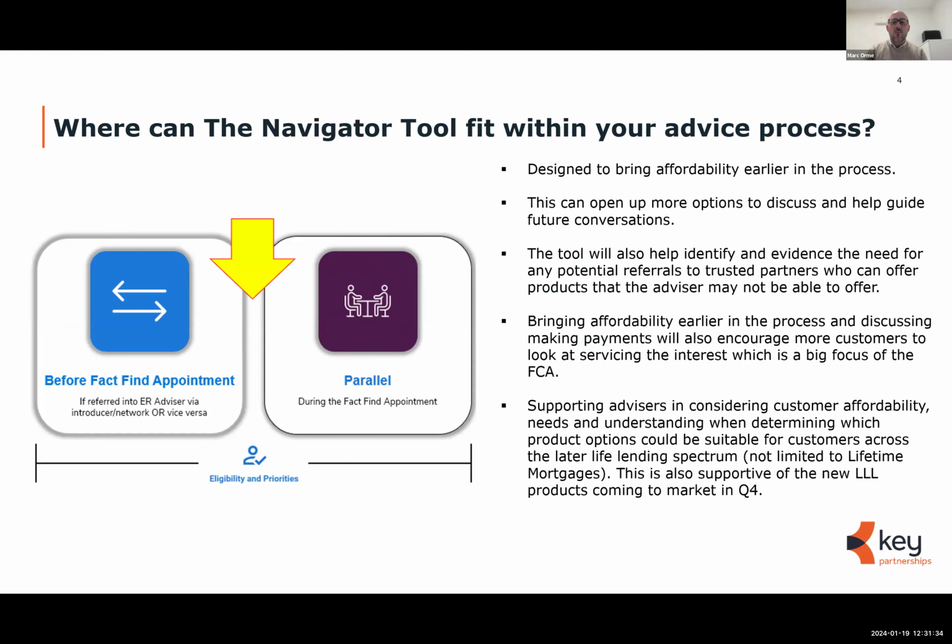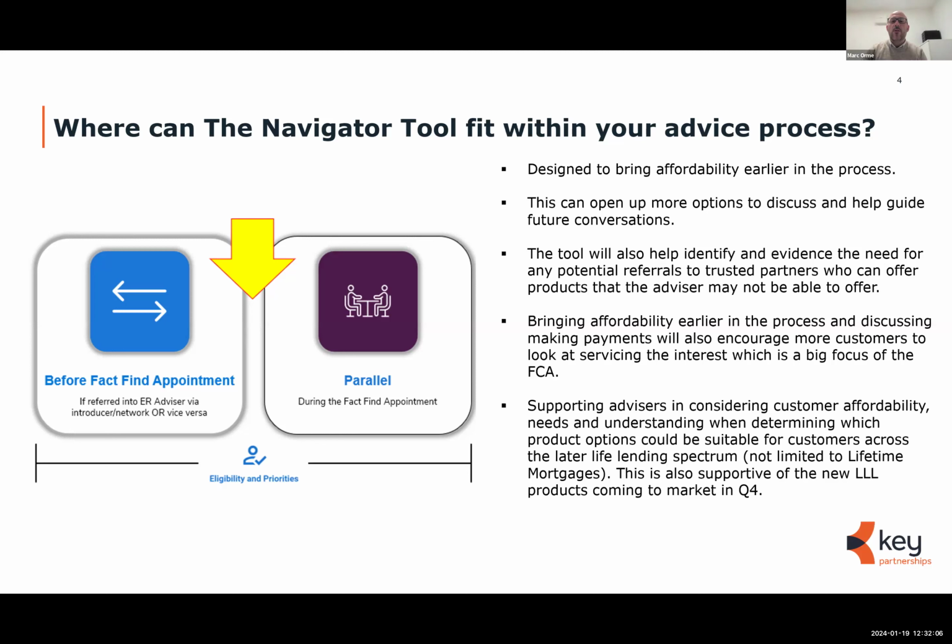It also gives me the opportunity to discuss during that meeting which options are likely to be most suitable, based on their income, their affordability, their requirements, and an understanding of what they want from a product. So this helps us tailor the eligibility and priorities at an early stage, to ensure we're delivering the correct advice in terms of the product and the options that would likely be available.